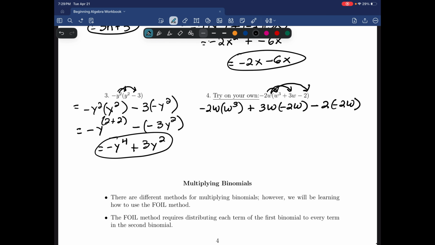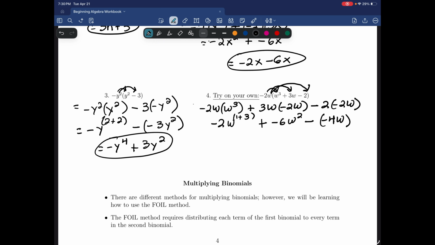And now when we simplify this out, this first term here, we're going to carry along that -2, and then w times w cubed is the same thing as w to the power of 1 plus 3 using our exponent rules. And then here, 3 times -2 is going to be -6. W times w becomes w squared. And then here we have minus 2 times -2 is negative 4. So we're going to have negative 4w.